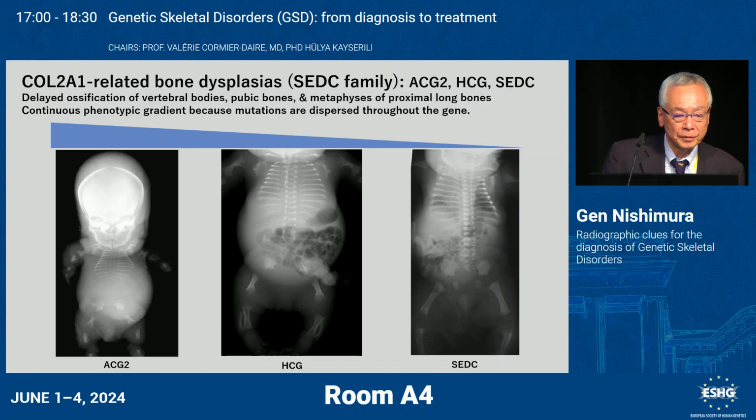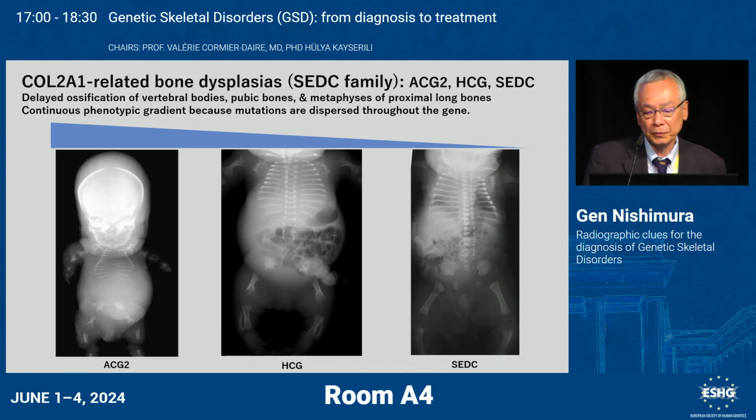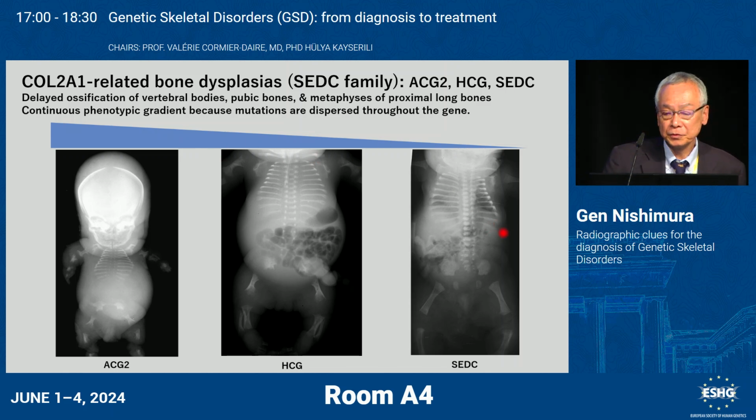You can see delayed ossification of vertebral bodies, pubic bones, metaphyses, or proximal long bones in all disorders. These disorders show a continuous phenotypic gradient because mutations are dispersed throughout the gene. There are many intermediate phenotypes.